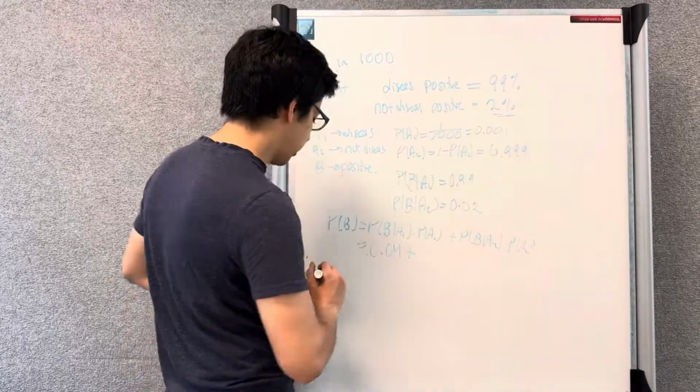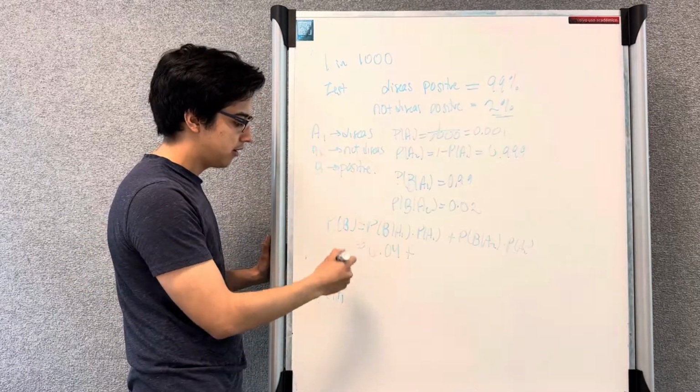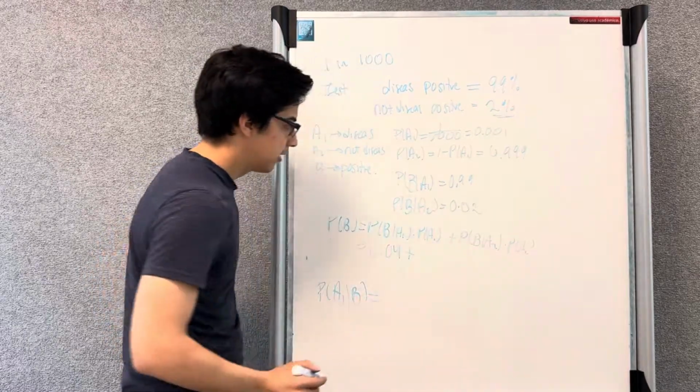Now, what if I want the probability that A1 happened, that is, I have the disease, given that you get a positive?